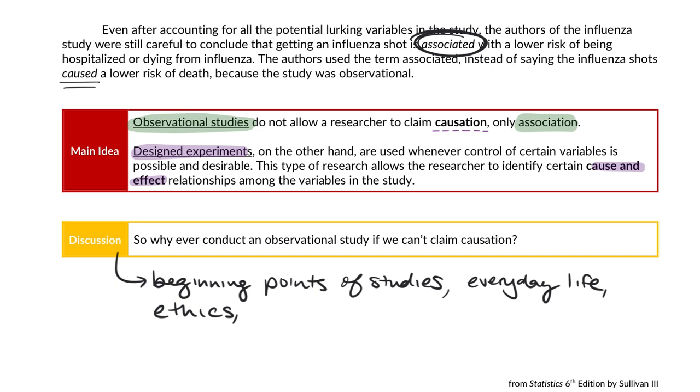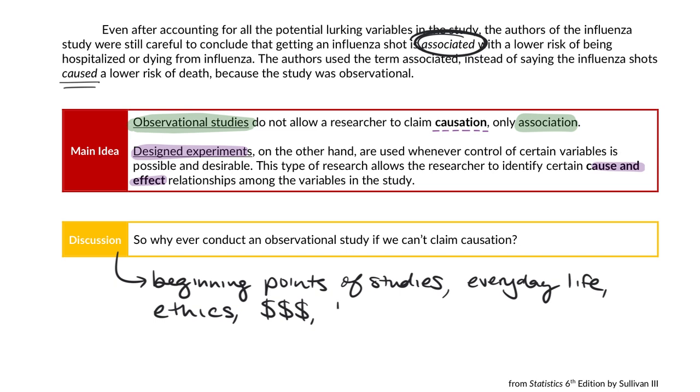Some other examples that we might not think of right away is money. It is way cheaper to send out a survey and get observational studies done, right? You can get a really good survey for a couple $100 and send it out to a bunch of people. That's way more economically sound than having to control variables for a lot of things.